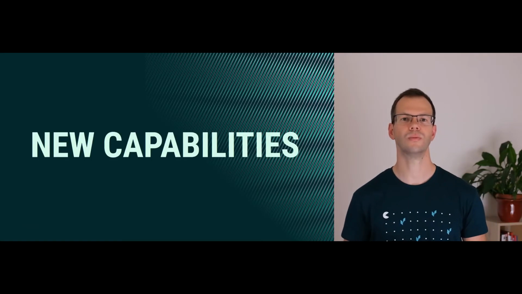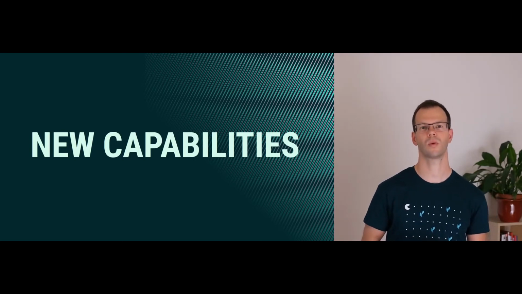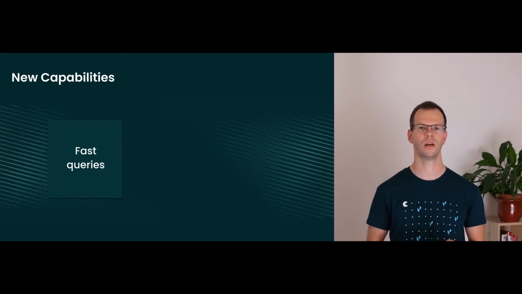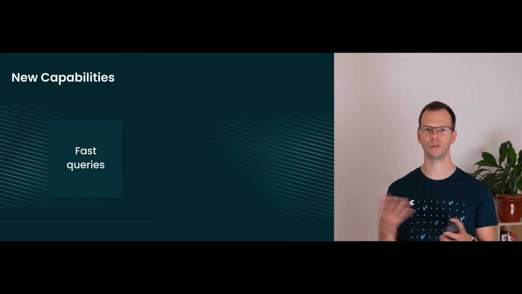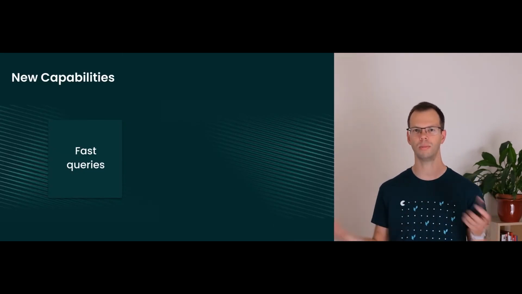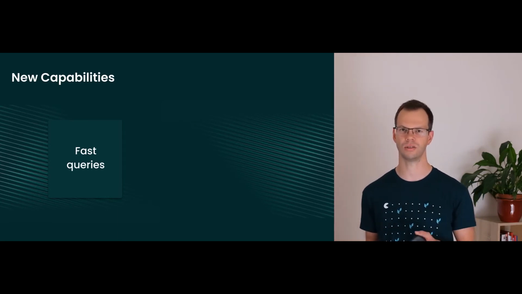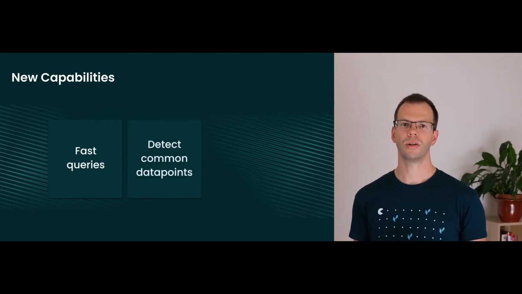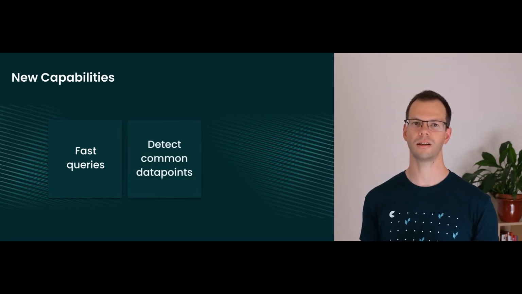And so, to kind of wrap this up, what this work enables us to do is, first off, the fast queries. We can search for verifications using arbitrary data points in seconds or even milliseconds. It also contains some analytical features.